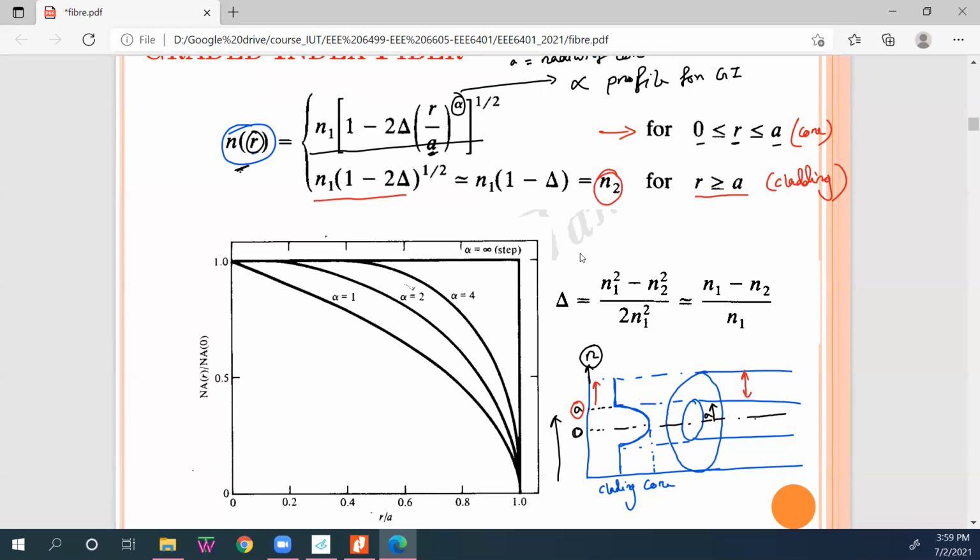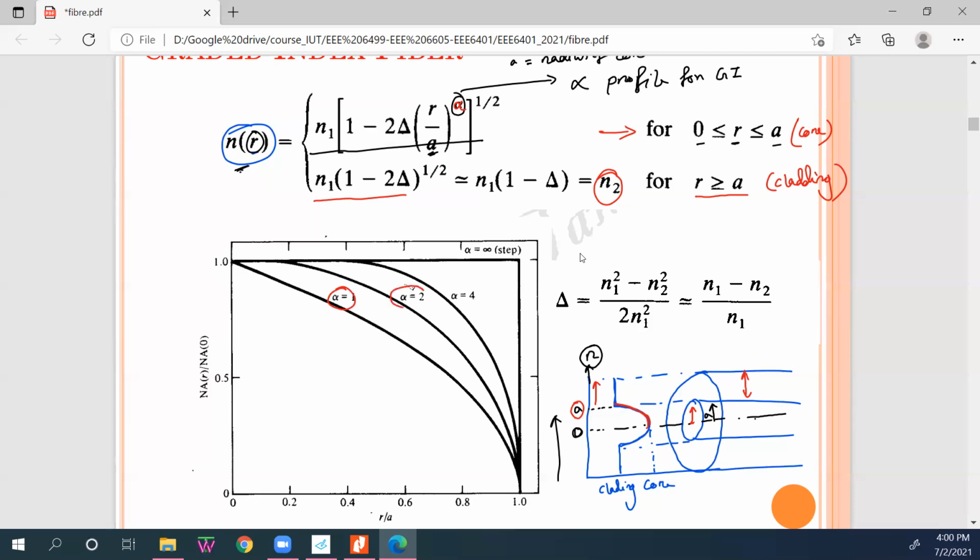This is not a big deal, because for graded index, the refractive index from the center to the edges of the core changes gradually. What the shape of this gradual decrease should be depends on this alpha value. If alpha is 1, this is the shape.